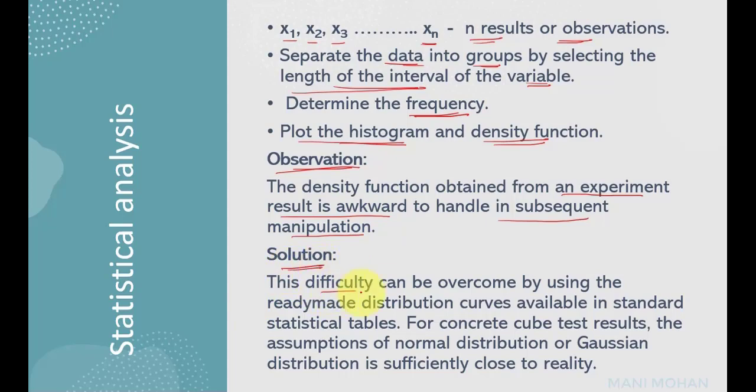This difficulty can be overcome by using the ready-made distribution curves available in standard statistical tables. For concrete cube test results, the assumption of normal distribution or Gaussian distribution is sufficiently close to reality.